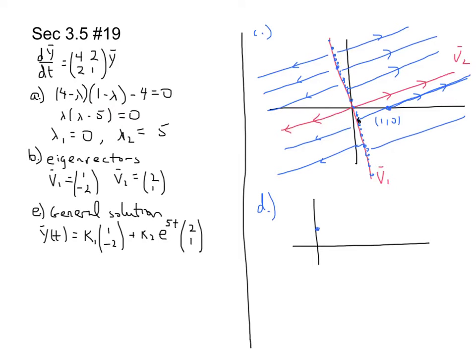In fact, it's e to the 5t, so it's going to be growing quickly, and so a rough picture would mean that for the x graph we start at 1 at time 0 and we grow exponentially. For the y graph we start at 0 and we grow exponentially.